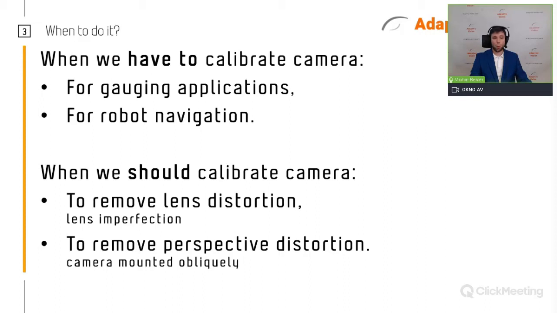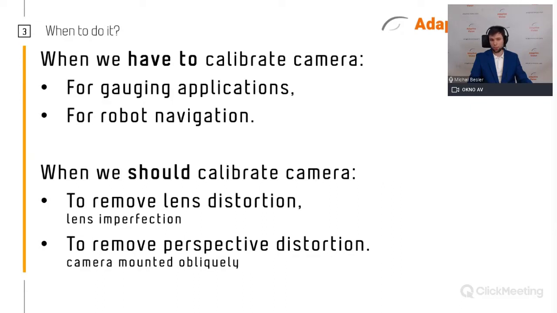In such applications, we would like to align the points on the image with points in the real world, so that based on localization results on the image, we can navigate our robot. For example, send the picking position, the rotation angle, and parameters like that. So for at least these two applications, we definitely have to perform a camera calibration.